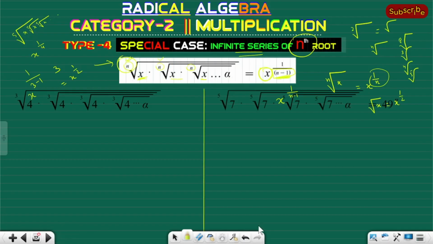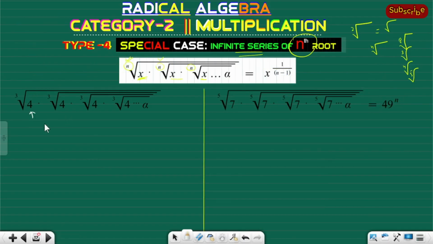Let's see some examples. Here it is 4, so keep it as 4. 1 divided by 3 minus 1. Here we have the third root, so 3 minus 1 is 2.